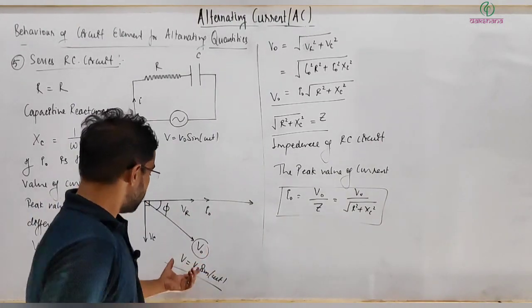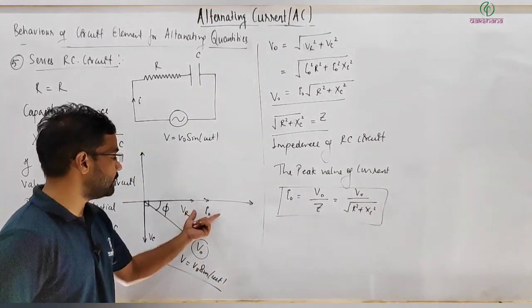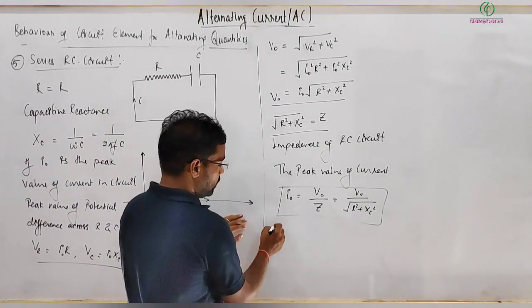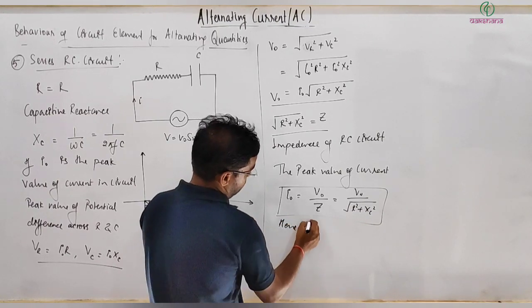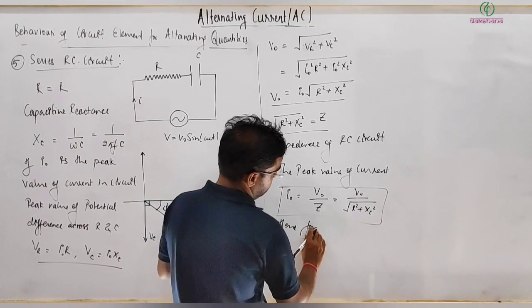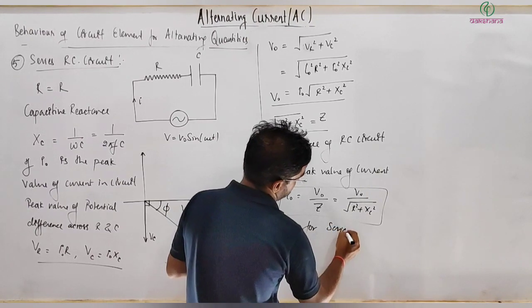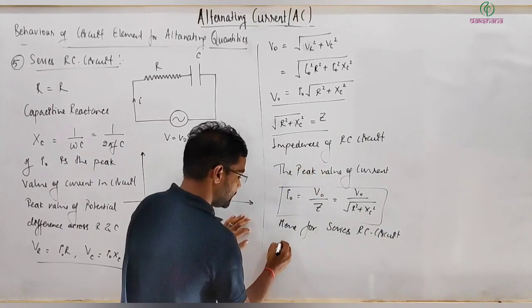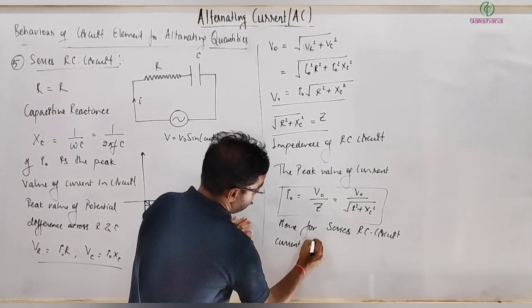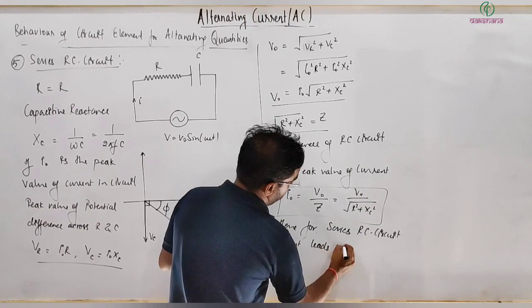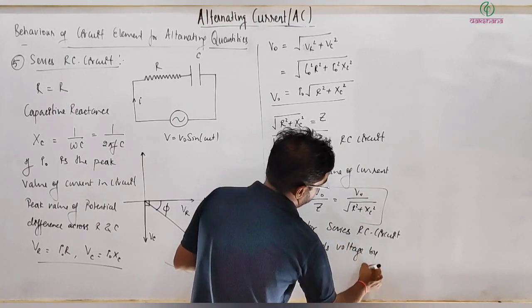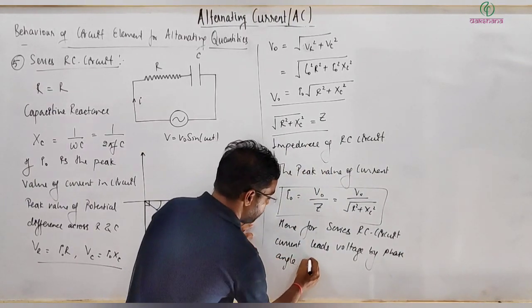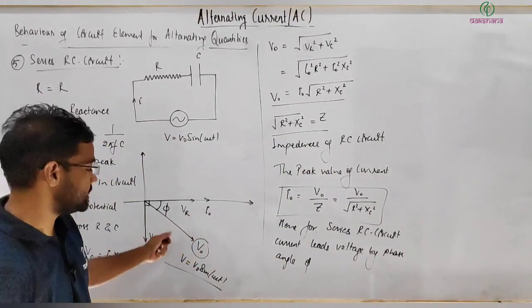Next thing is, can I get current as a function of time? So first let me say here, for a series RC circuit, you can write current leads voltage by phase angle phi, and phi can be expressed as what?